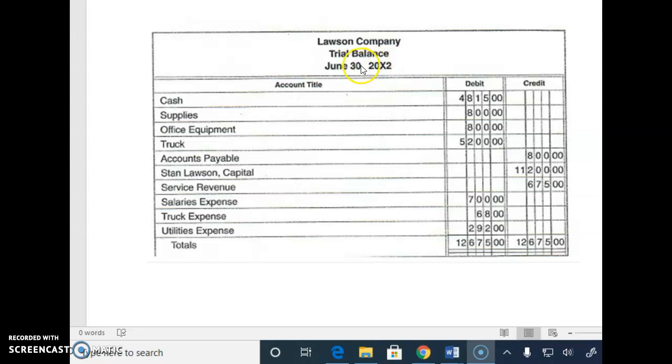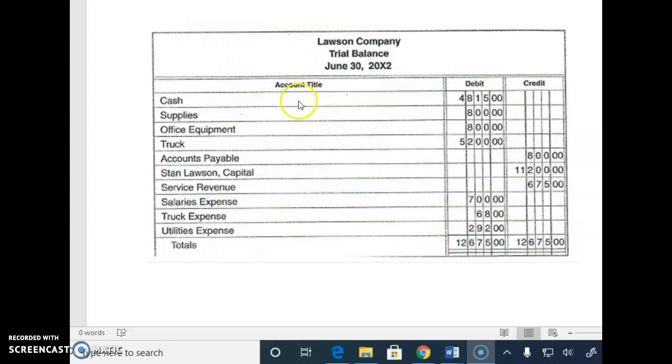It's just as of this point in time, those are your account balances. Now, you list them by account titles, and they go in a specific order. So in today's assignment, you're going to be given an alphabetized list of accounts, and you have to put them in proper order.